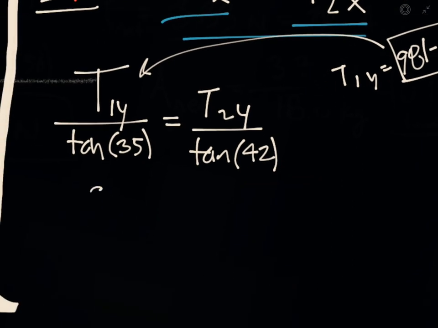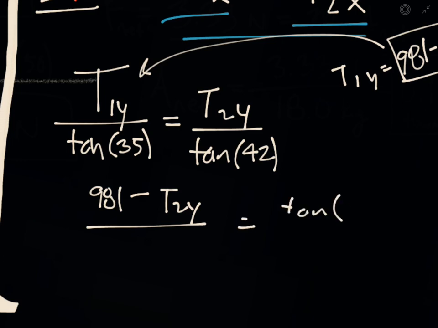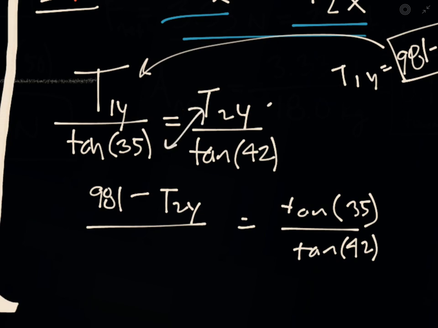We can say 981 minus t2y over, maybe we'll multiply both sides by tangent of 35, 42, and then divide by this. So I'm just kind of switching the positions of those two, so that's t2y.